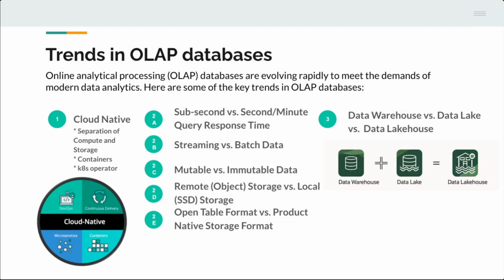Another one is around this idea of data warehouses versus data lakes versus data lakehouses. It used to be that really curated information was only available in the data warehouse, and all the other data that wasn't curated, maybe not key KPIs, but data that you wanted to store without knowing exactly what you were going to use it for, we just threw into the data lake.